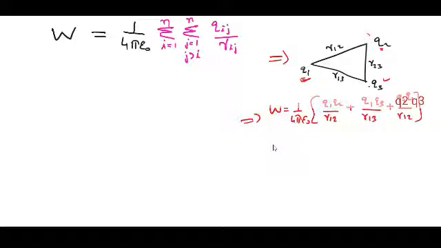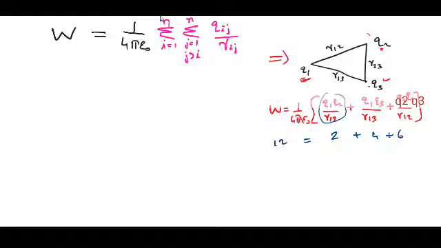For that we have to be very careful. We have to see whether the term is repeated or not. If I assign some numerical values and calculate, this term will give the result 2, and this will give the result 4, this will give the result 6, then the total work will be equal to 12.